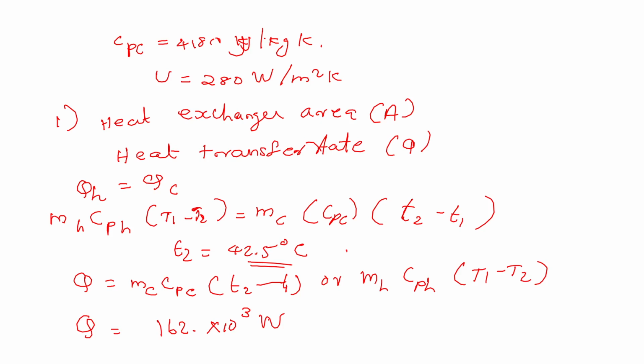I hope all got the Q value. Finding the Q value is easy. Now you have to find the area. What will you do? Q is equal to UA delta T. For that, you have to first find the counterflow delta Tm.